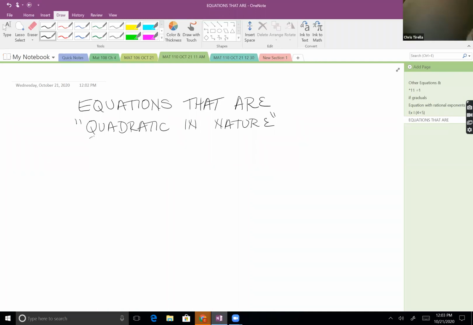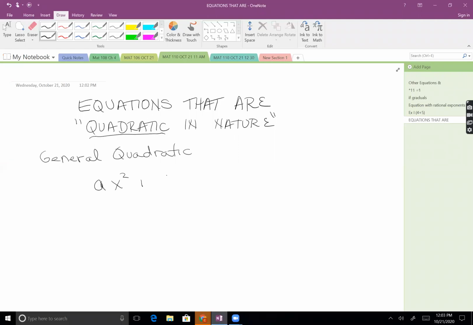So first, let's remember what a quadratic equation is. If I have a general quadratic, it's something of the form ax squared plus bx plus c equals 0. And we had said that a, b, and c are real numbers.